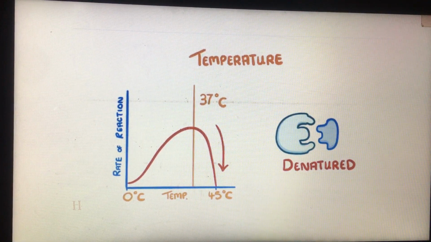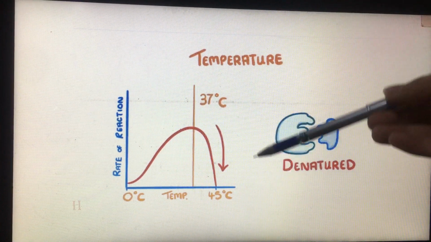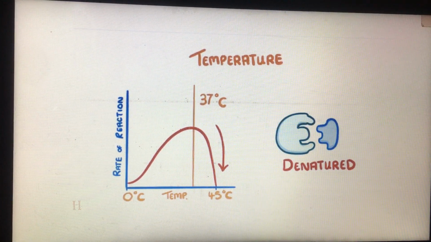This is because the high temperature starts to break some of the bonds holding the enzymes together, and so the active site starts to change shape.